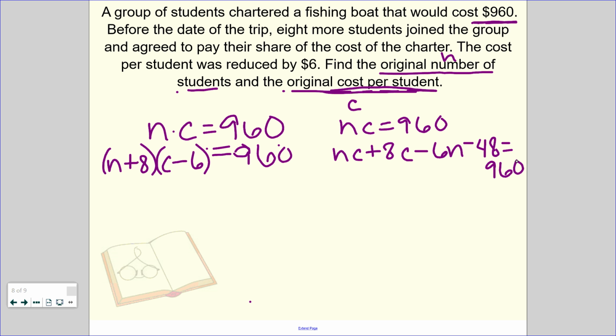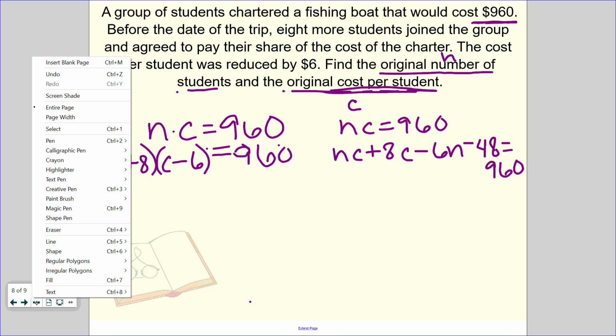From there, let's see, I don't have any like terms. I could add equations together, but I'm missing a variable. It looks like that's going to get a little bit messy. Let's try this another way, maybe.